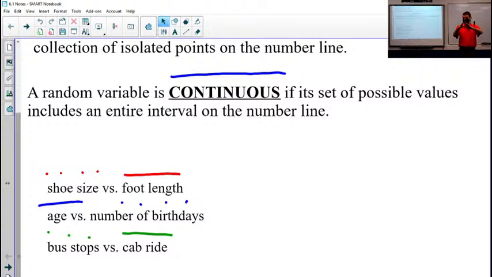We take that continuous variable, which is your length, that could be any value, and turn it into discrete amounts of sizes. 8, 8.5, 9, 9.5, 10, 10.5, and so on. So that's taking a continuous variable and making it discrete.